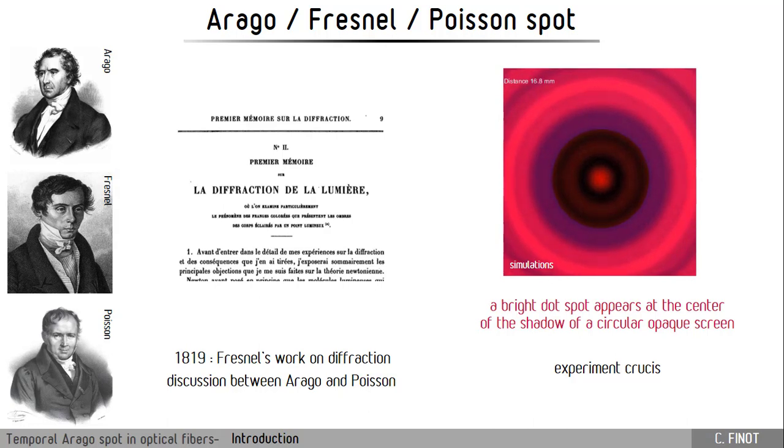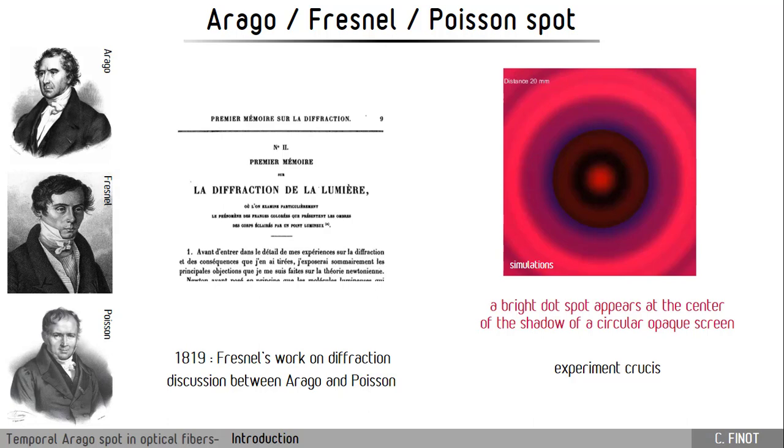Arago was pro the theory of Fresnel, and Poisson was strongly against it, and one of his arguments was that if we observed what happens in the shadow of circular apertures, the Fresnel theory predicts a bright spot, and this is for him stupid, because there should not be any light in the shadow of an opaque screen. So for him, it would lead to say that the theory proposed by Fresnel was completely wrong.